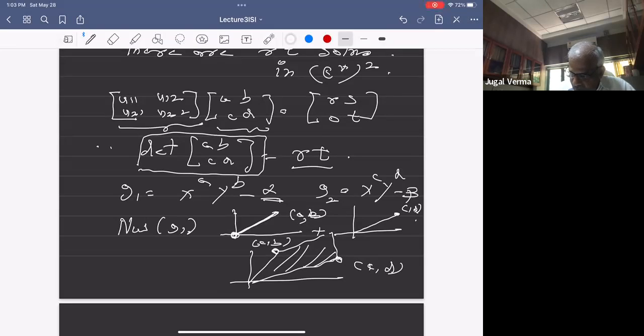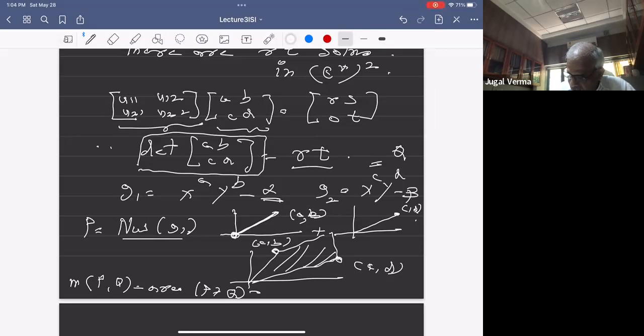So the mixed area of these two line segments: let's call the Newton polygon of G1 as P and the Newton polygon of G2 as Q. The mixed area of P and Q will be the area of P plus Q, which is this parallelogram, minus area P, which is 0, minus area Q, which is 0, because P and Q are line segments in R^2, their areas are 0.